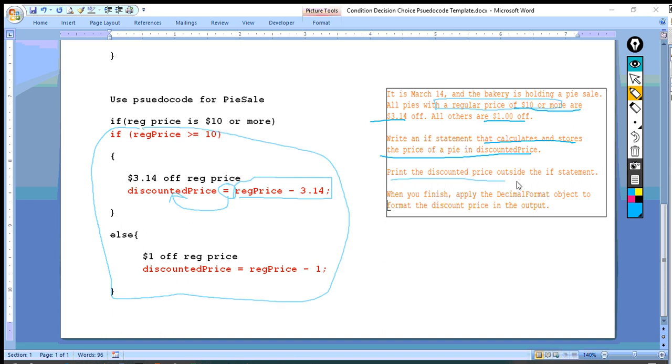Then it says print the discounted price outside the if statement. So below here is where we're going to go system.out.println that your discounted price is blah blah blah, and it's going to be whatever the discounted price was that was calculated within the if statement.